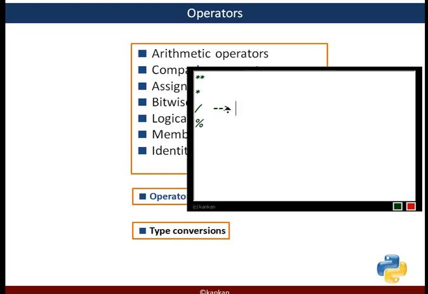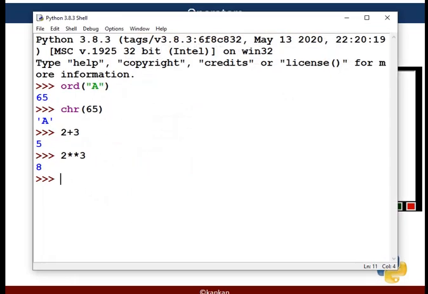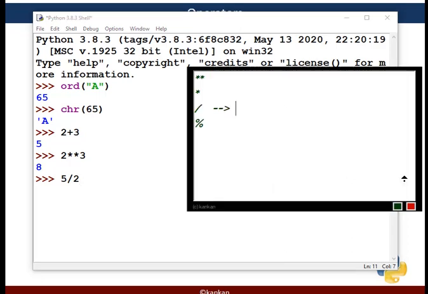Suppose you divide 5 by 2, then what will be the quotient? If you divide 5 by 2, what will be the quotient value? You know, 2 will be the quotient value.